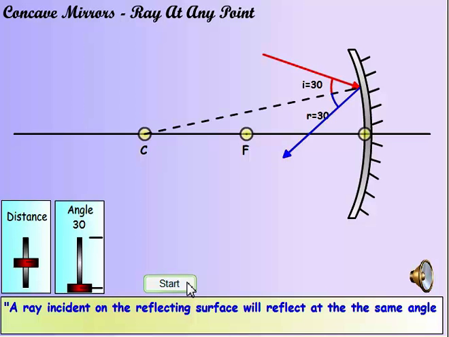A ray striking the concave mirror at any point will reflect back at the same angle. Here, the normal will be the line joining the center of curvature to the point where the incident ray strikes. The angle of reflection will be the same as the incident angle.